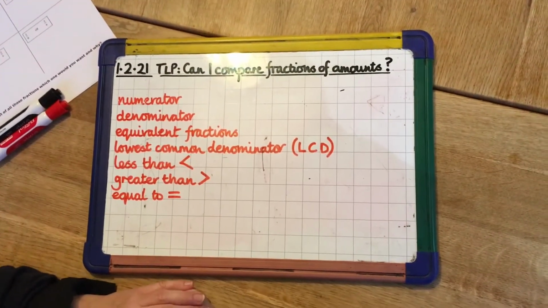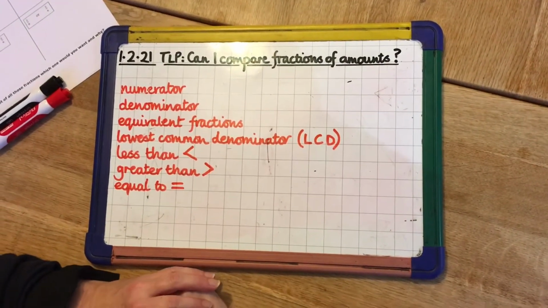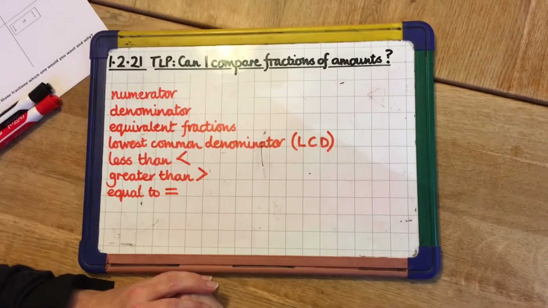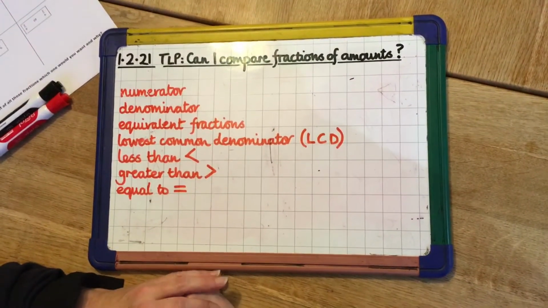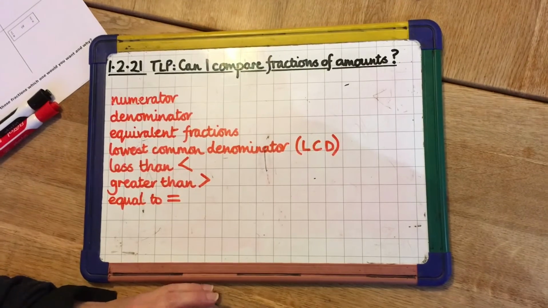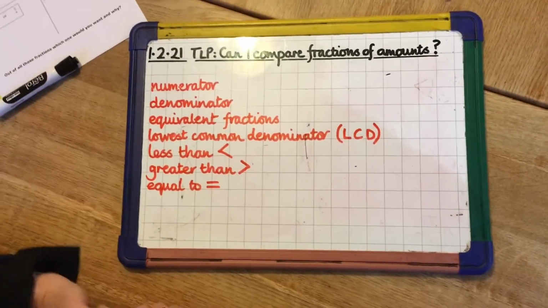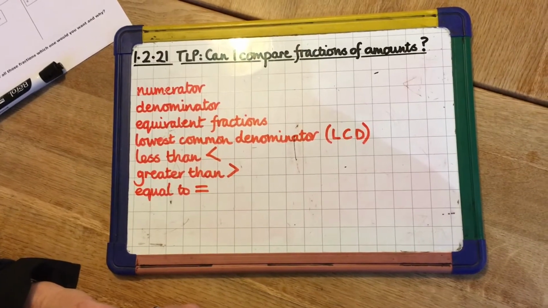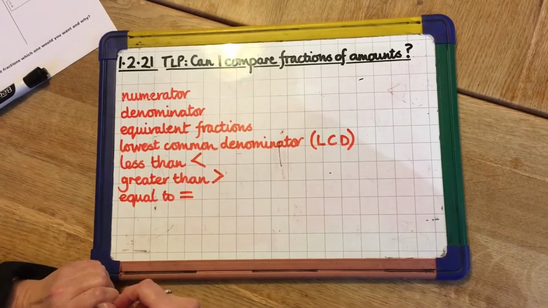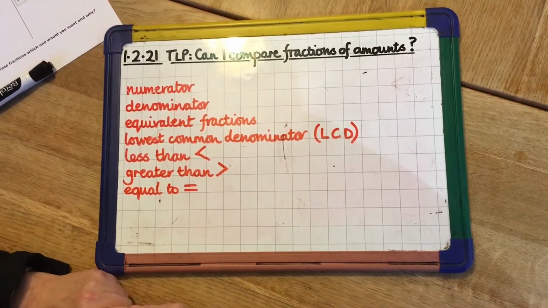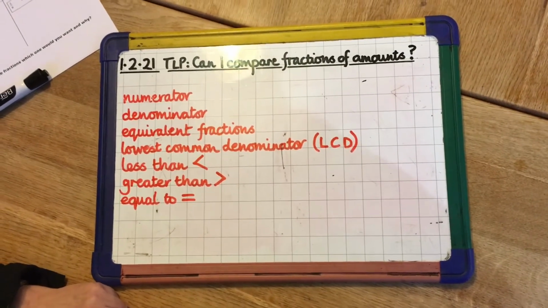Year 6, this is your maths lesson for Monday the 1st of February, and today we're going to be comparing fractions of amounts. Now I'll just go through some of the vocab. Numerator and denominator, you're probably very familiar with those now. Equivalent fractions.